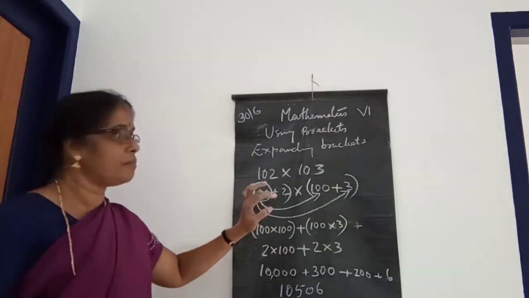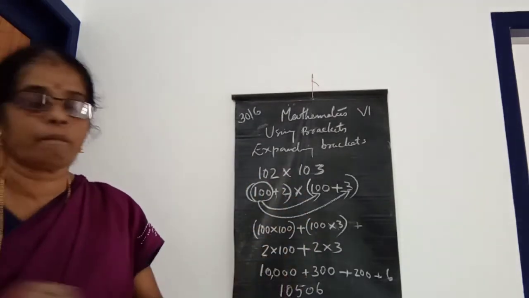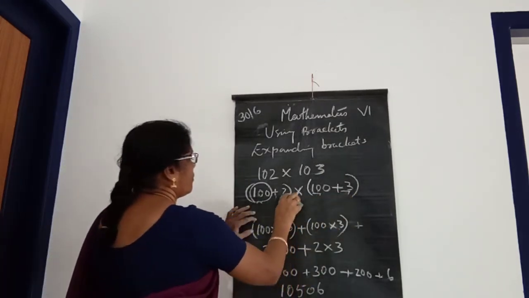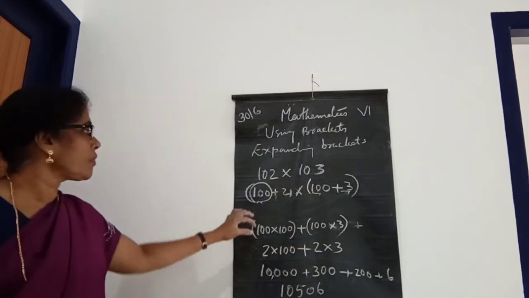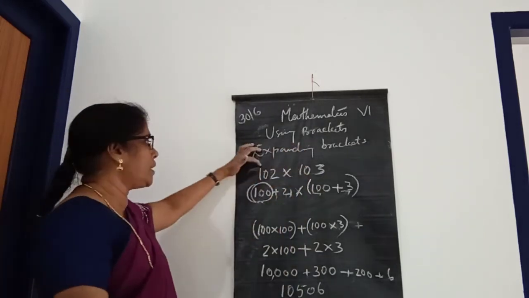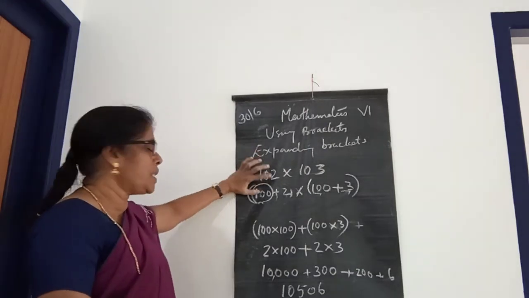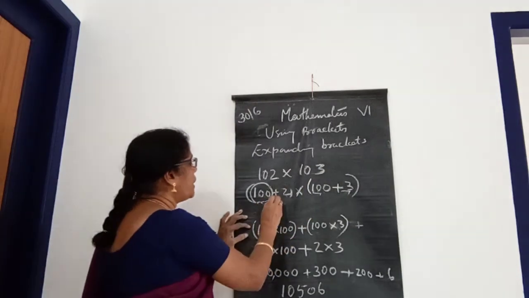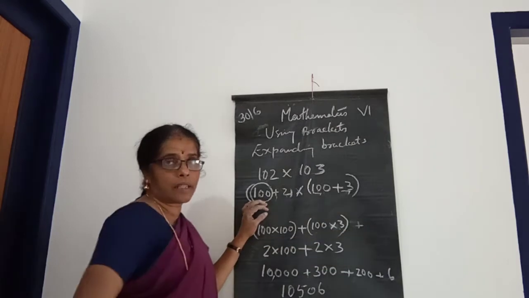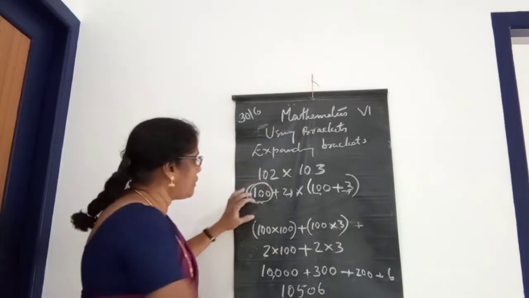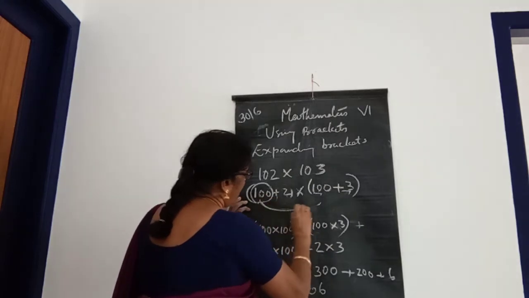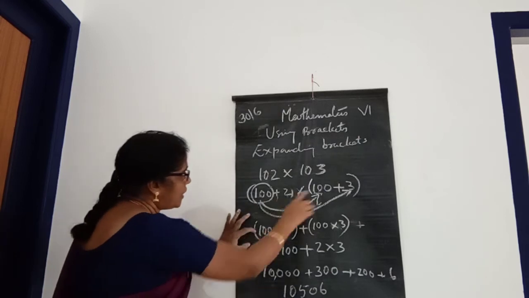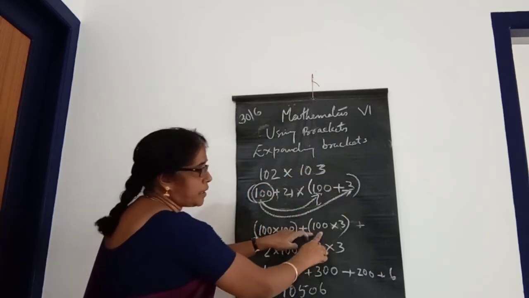Once more, look here. 102 and 103. 102 we can expand as 100 plus 2 and 103 as 100 plus 3. So we have to multiply these two digits with these two digits. That means multiply this 100 with 100 and this 100 with 3, which is already written here, 100 into 100 and 100 into 3.